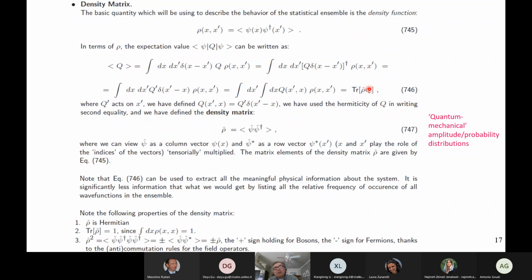What is the probability the system will be in a linear superposition of two states, simultaneously at x and x prime, which is something that you can have in a wave packet, for example. Okay, so this is essentially the same object that we have in classical mechanics, but I need to add a dimension, so to speak. And so instead of a probability distribution function, which is a scalar function, I need to talk about a matrix.